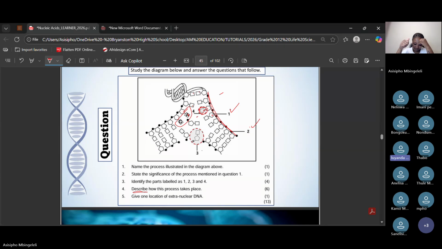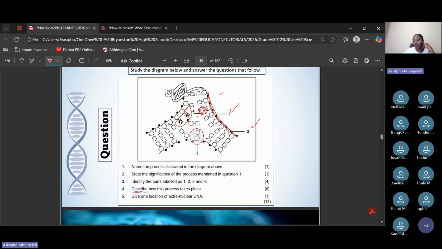And then the result is 2 genetically identical DNA molecules. And then they say each DNA molecule is identical to each other and the parent molecule. Yeah, 6 marks. Basically that's that.